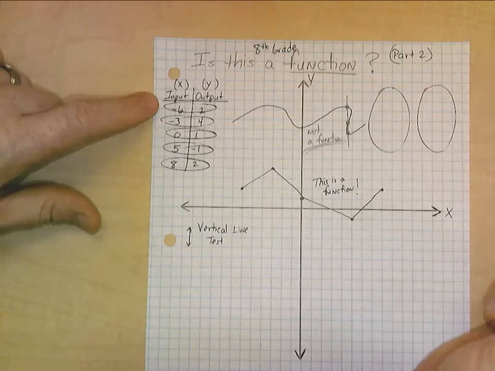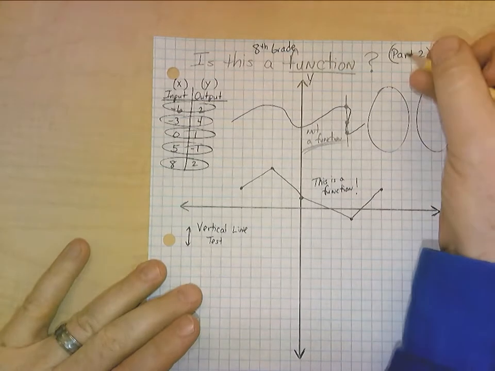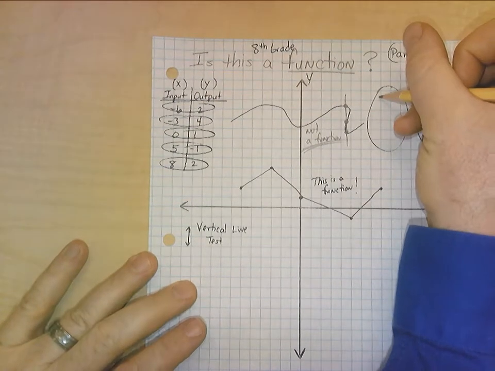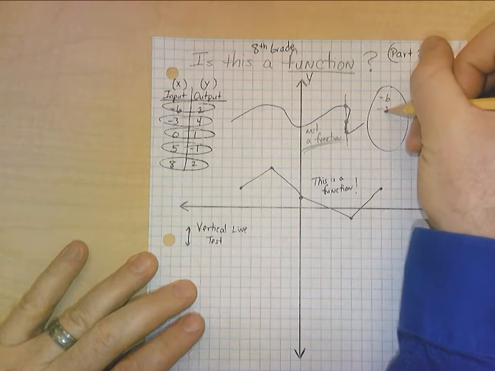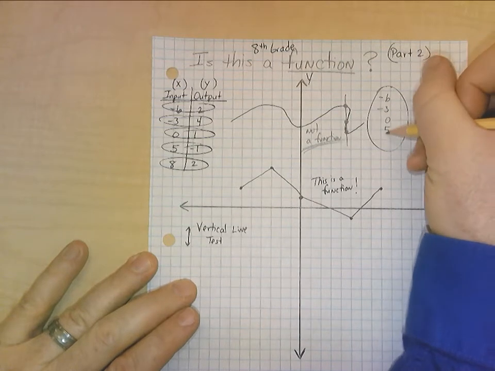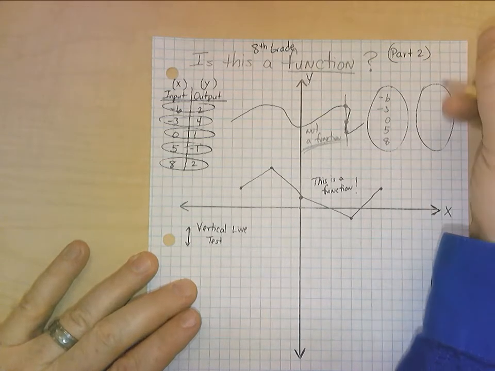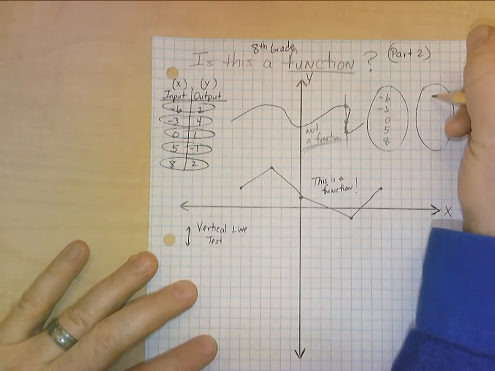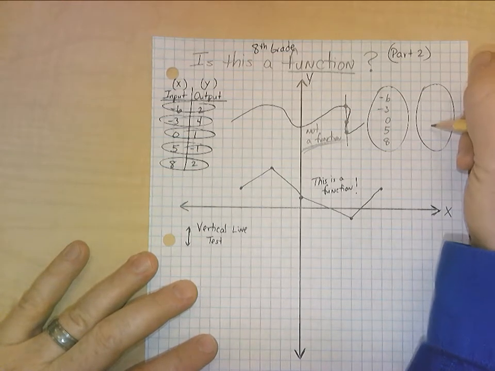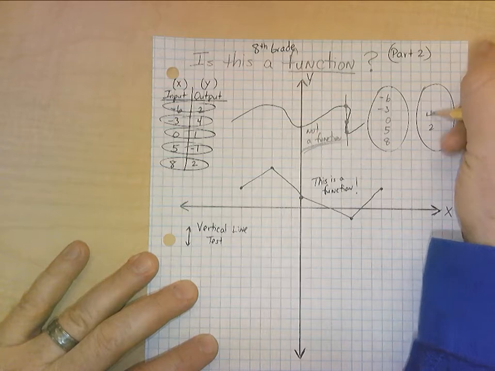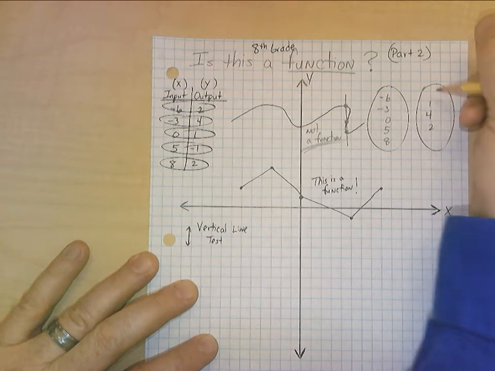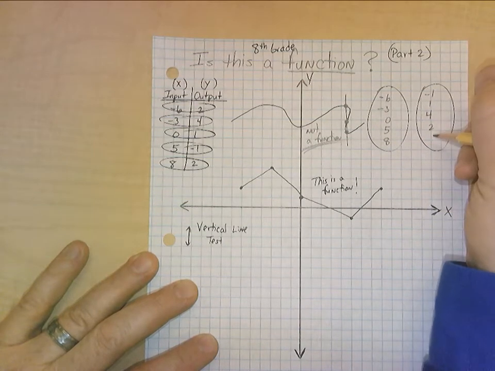Let's say we don't have a graph. Let's say all we have is this: negative 6, negative 3, 0, 5, 8. And let's say we have 2, 4, 1, negative 1, and 2.